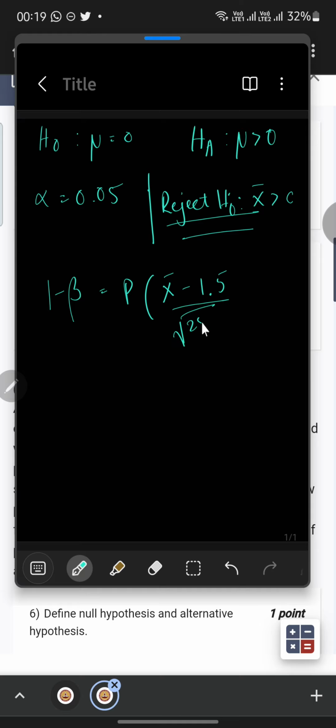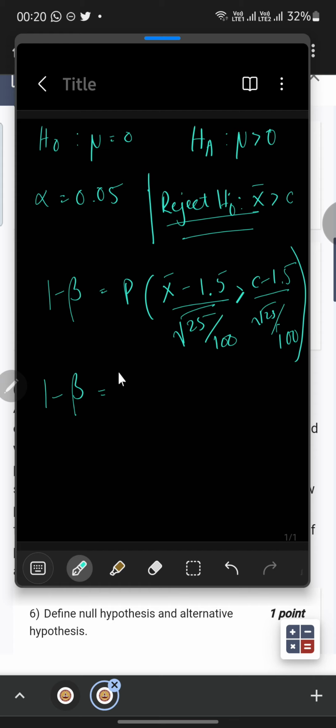Divided by root of 25 upon 100, and that will be greater than c minus 1.5 upon root of 25 upon 100. So one thing you can notice is, rather than getting a perfect 2c here, what we will be getting is c minus 1.5. So 1 minus beta, we can just jump here. This would be z, so I'll remove that portion.